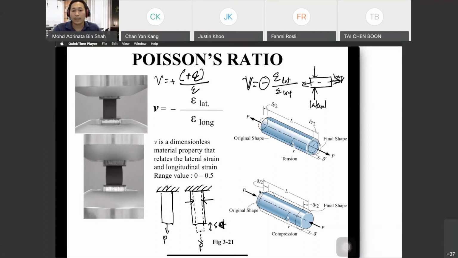Okay, negative and negative. So the equation is mu is equal to negative lateral strain divided by longitudinal strain.